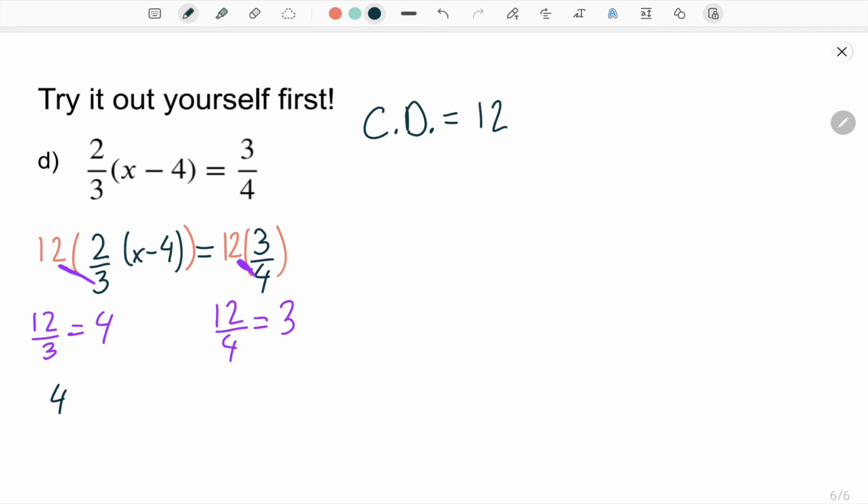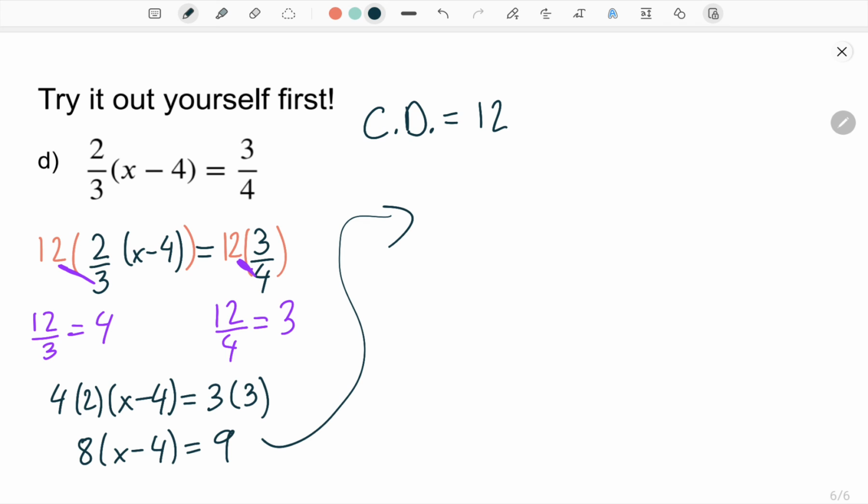So 4 times 2 times x minus 4. And on the right-hand side, well, now we have a 3, and there's still a 3 left over. Okay, let's simplify things here on the left-hand side. You have 8, because 4 times 2 is 8. x minus 4 equals 3 times 3, which is 9.